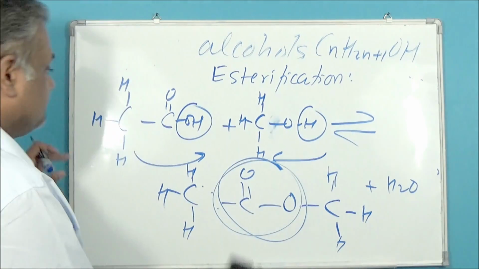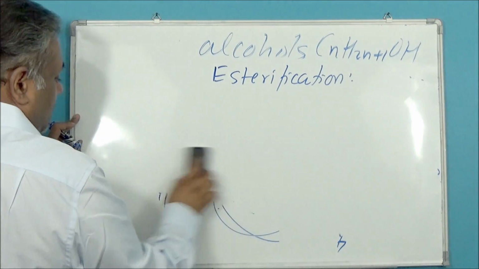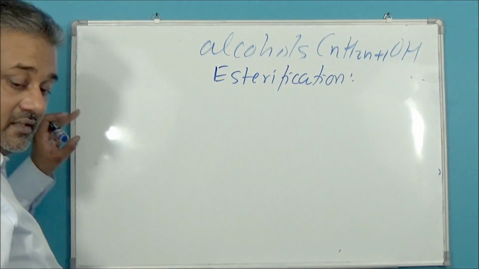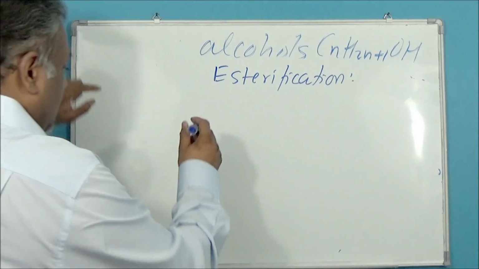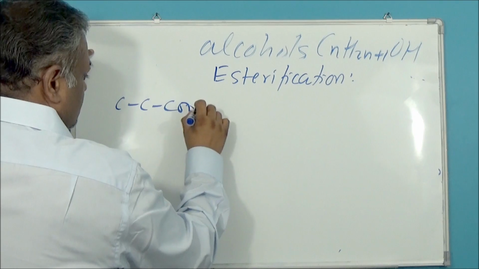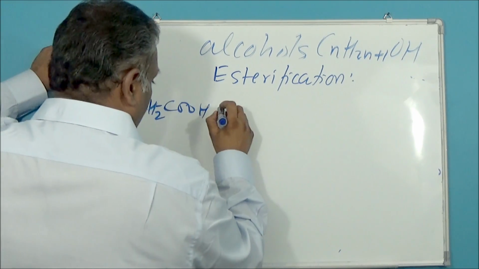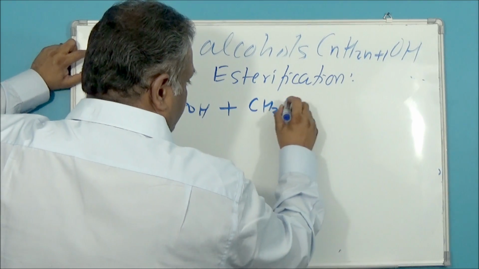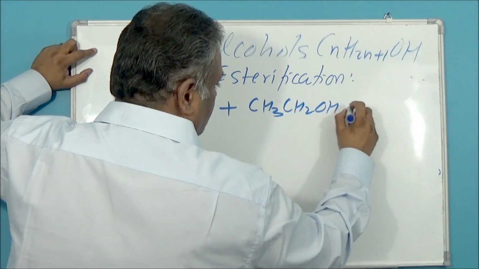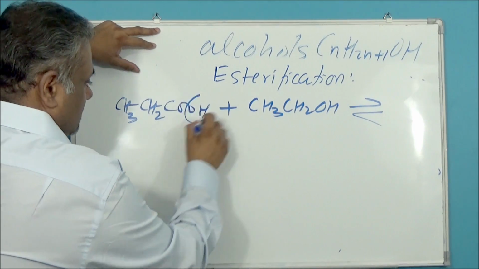Let's have a look. This time, let's have a look at propanoic acid and ethanol. Now, propanoic acid will have 3 carbons. CH3, CH2, COOH. Ethanol, CH3, CH2OH. It's a reversible reaction. So, from the carboxylic acid, remove this.